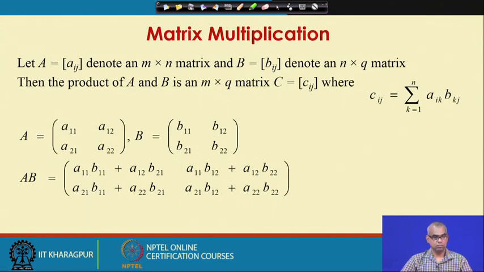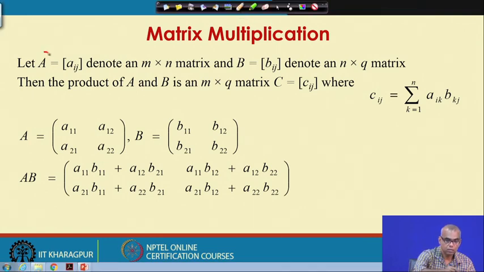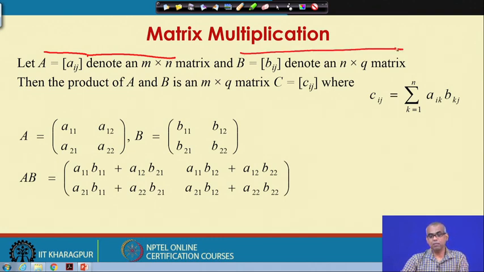Matrix multiplication. If the matrix A is an m by n matrix and B is an n by q matrix, then the product between A and B is defined.